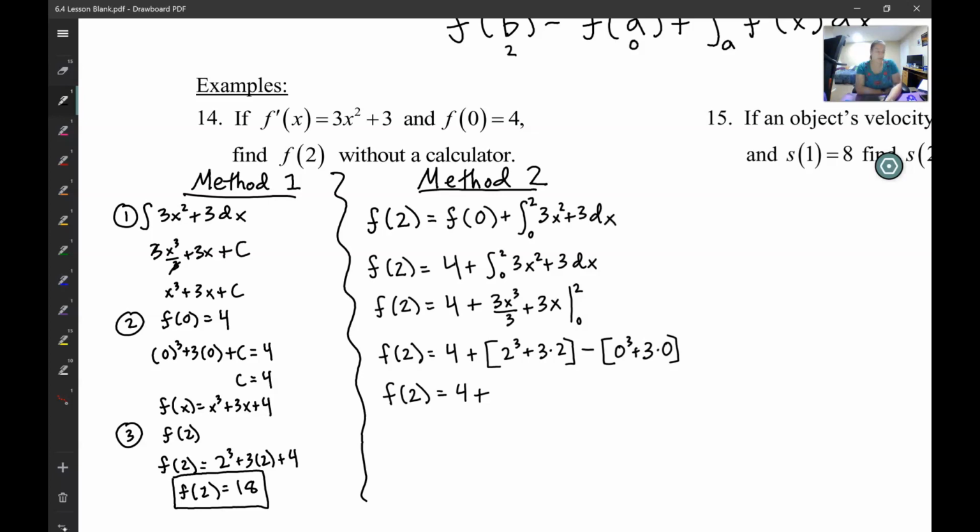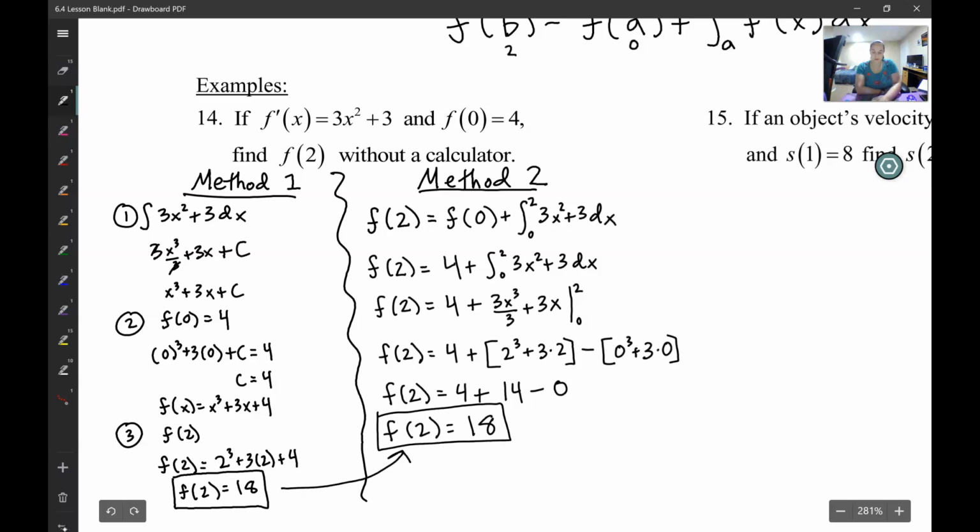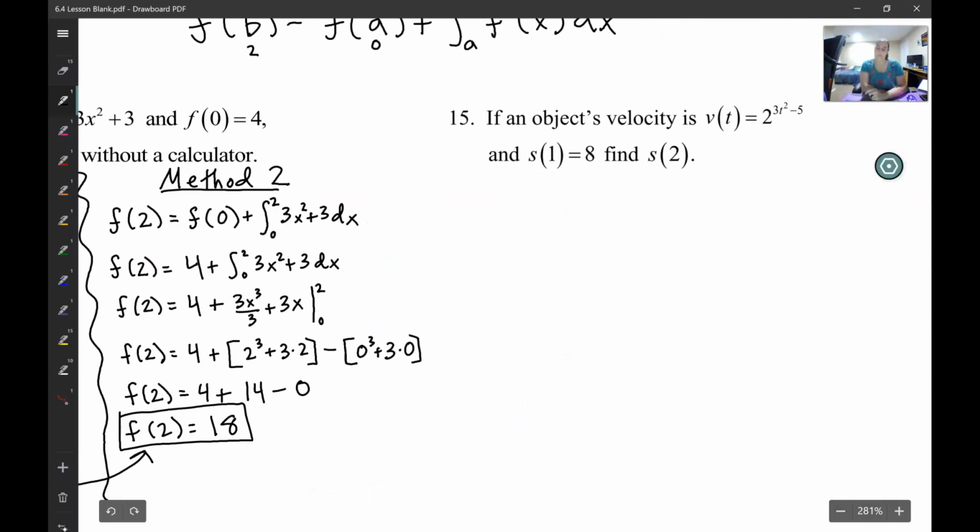So 8 plus 6 is going to be 14 minus 0. And hey, look at that. We still get 18. Same thing, just two different ways. So we're going to do it with this start plus accumulation now, because it's very common on the AP test.